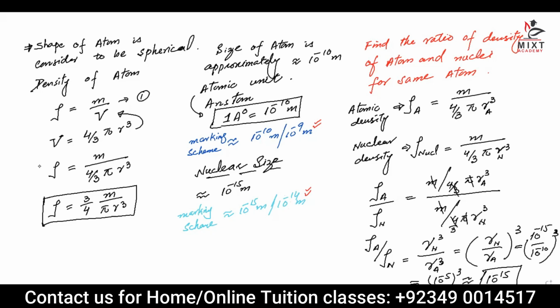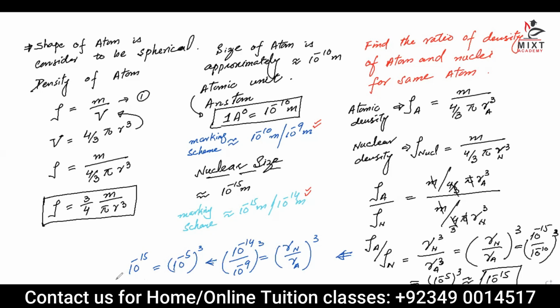And if you do it the other way, with the nuclei and atomic values given in the marking scheme, that is 10 raised to power minus 14 and 10 raised to power minus 9, you will get the same ratio, that is 10 raised to power minus 15.